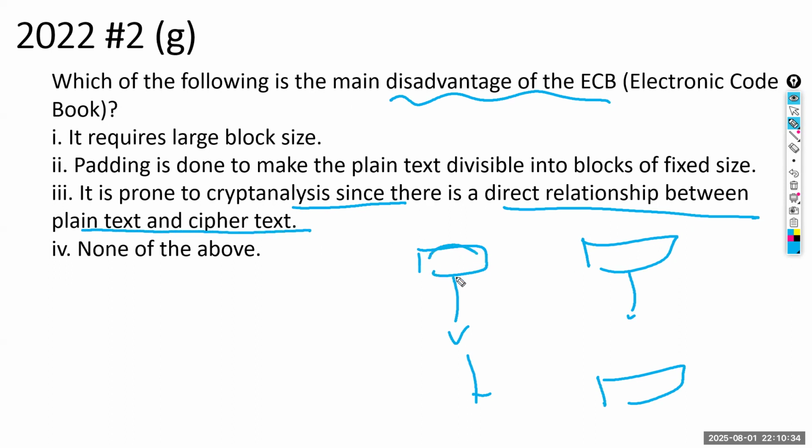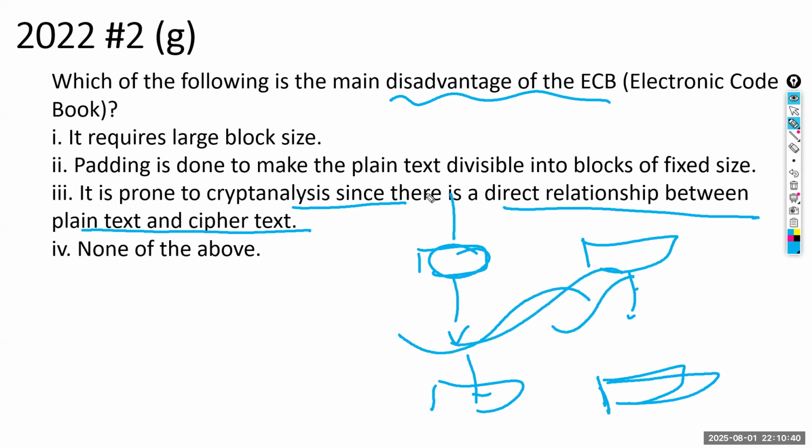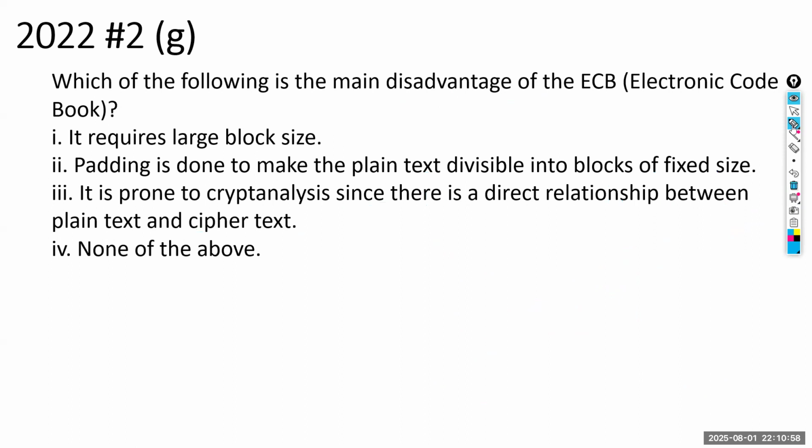For a given plain text, you always get the same ciphertext because there is no chaining, no unique value for unique input. Some approaches do chaining, while the counter approach gives a unique second input. The answer must be the third one.